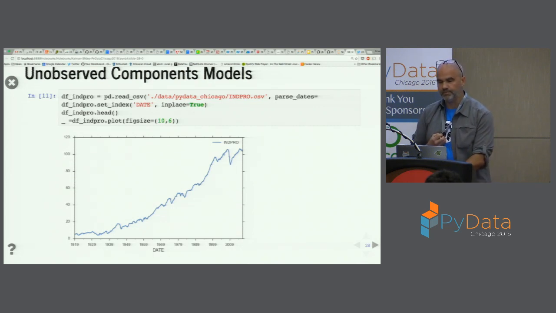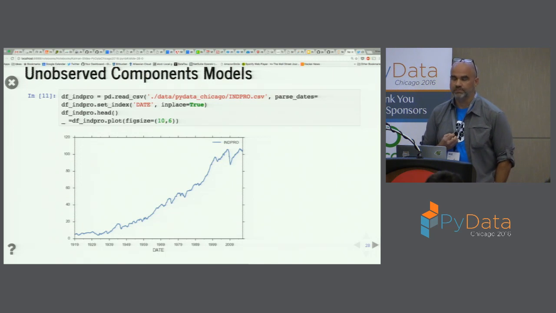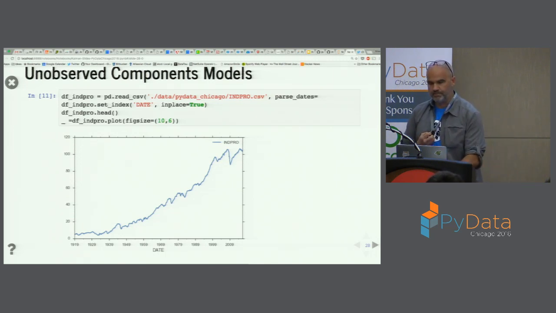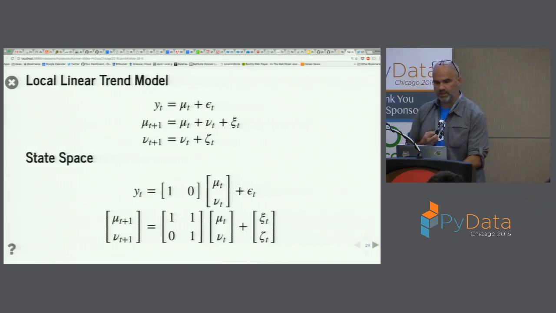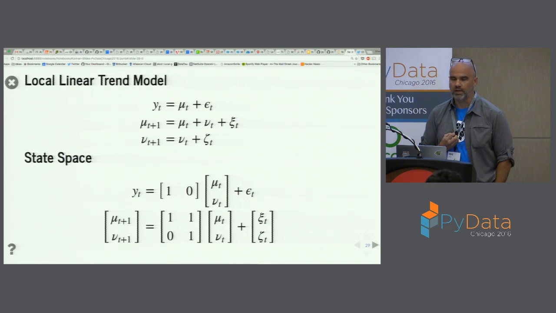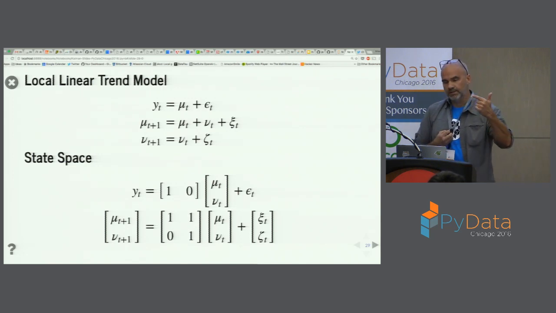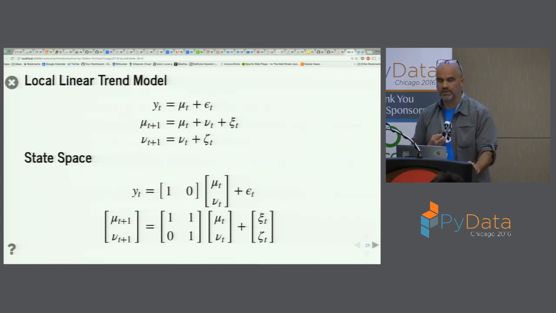The data that I'm starting with here is industrial production data from FRED, the Federal Reserve. This model is called a local level model, or local linear trend model. This is what it looks like in state space form. Those three equations at the top describe the model, and then the ones at the bottom describe its form in state space form.